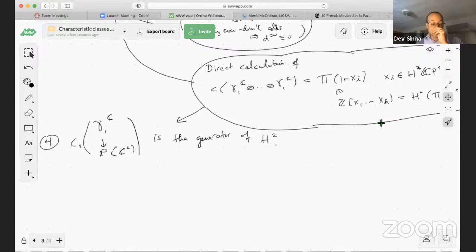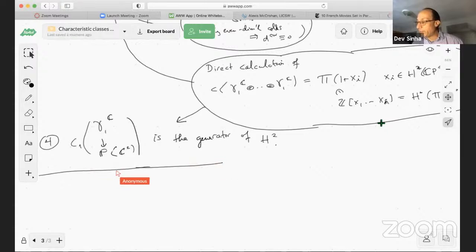So next lecture, I'm going to devote all the time to just this bundle. It's the Hopf bundle, as I like to refer to it. I care less about the direct calculation than the geometry of this particular bundle that underlies the structure of Chern classes.